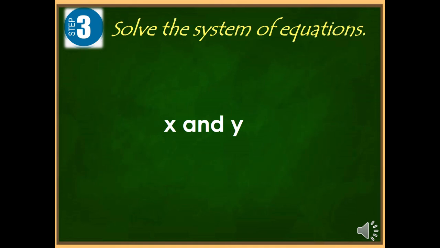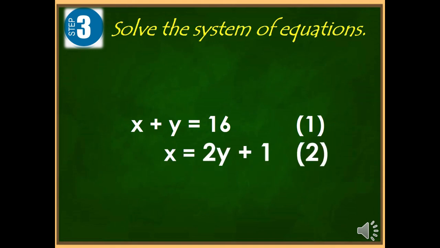The two equations involved, based on our written equation, we have x plus y equals 16. And second, x equals 2y plus 1.